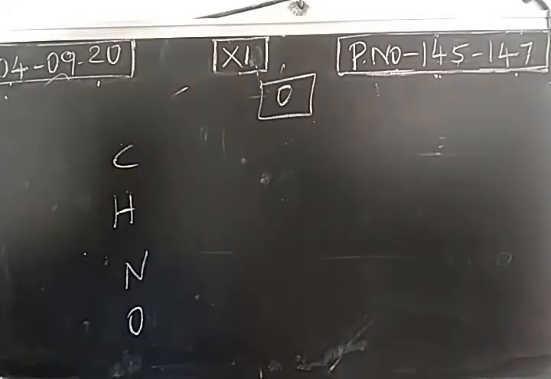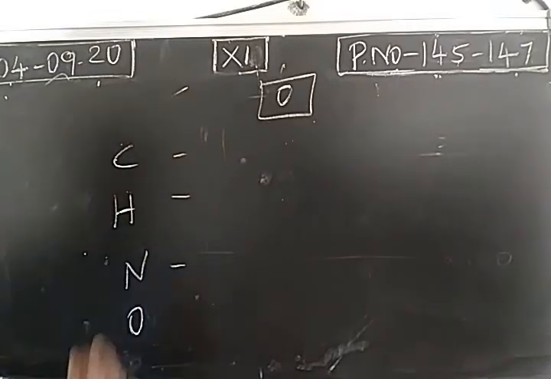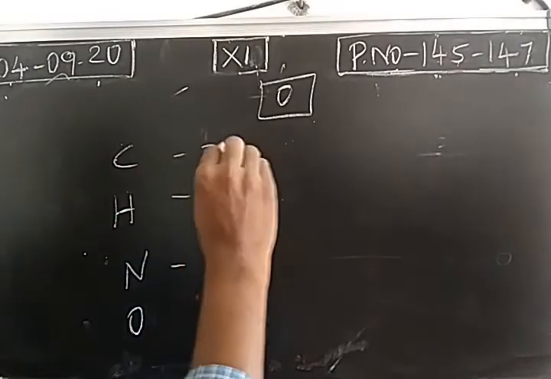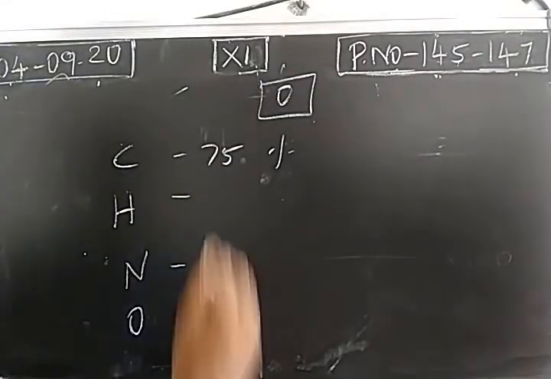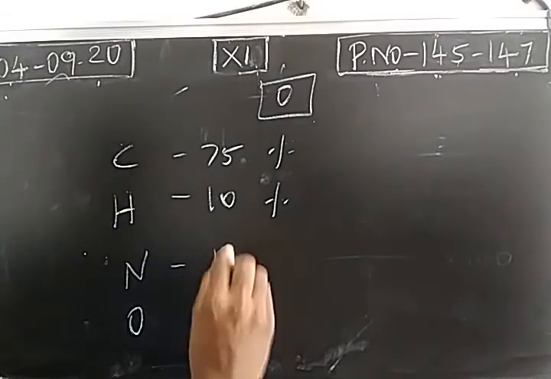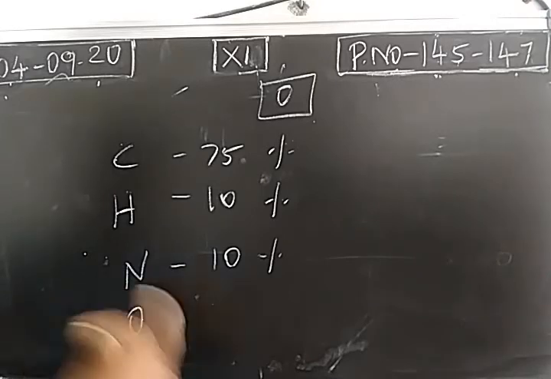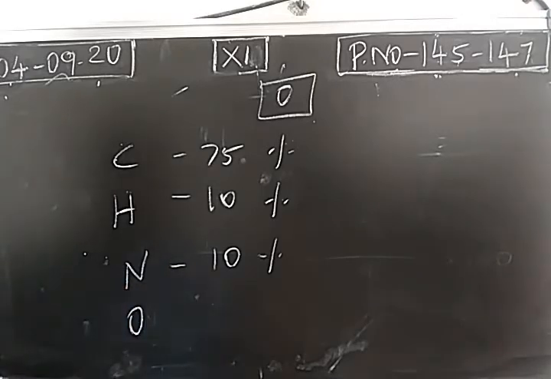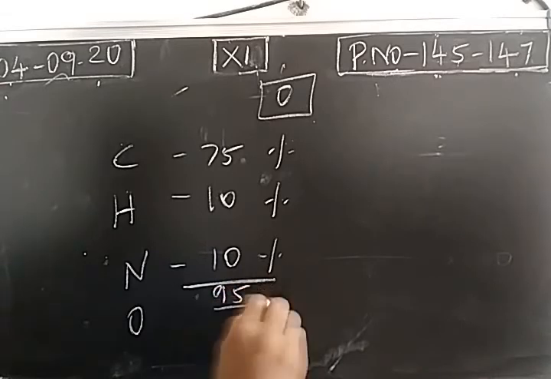We do the estimation process. We have direct methods for the first three elements: carbon, hydrogen and nitrogen. Carbon is 75%, hydrogen is estimated as 10%, and nitrogen is estimated as 10%. That means the percentage of oxygen is estimated from these values, because we don't have any direct method of estimating oxygen. When you add all these, we get 95.